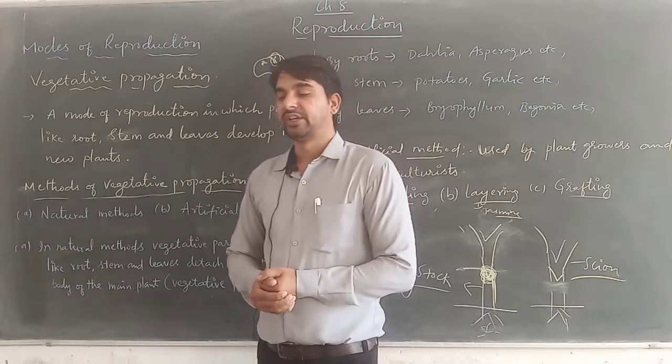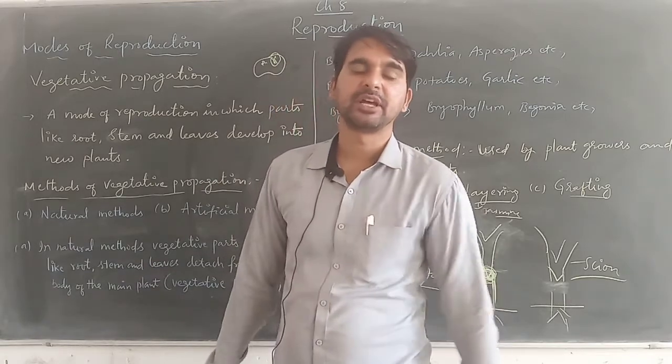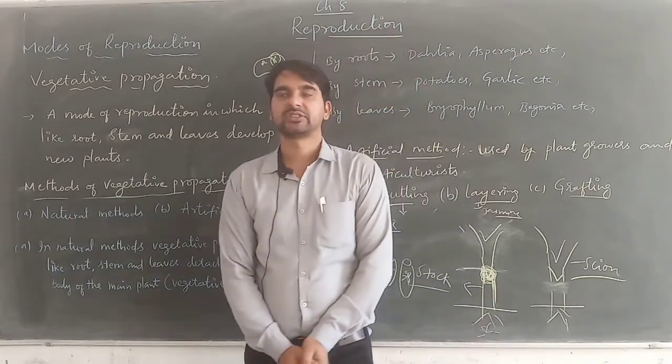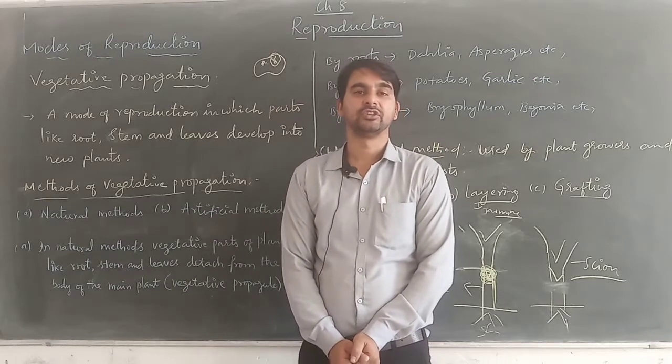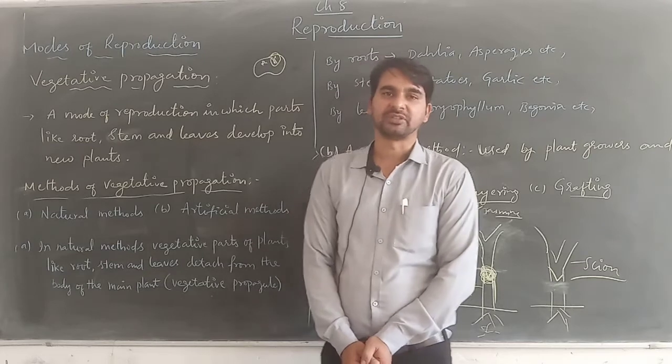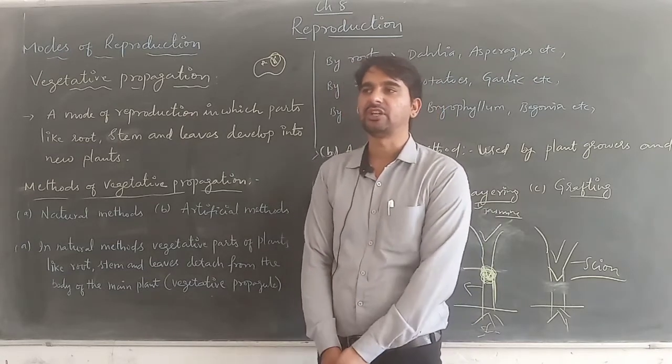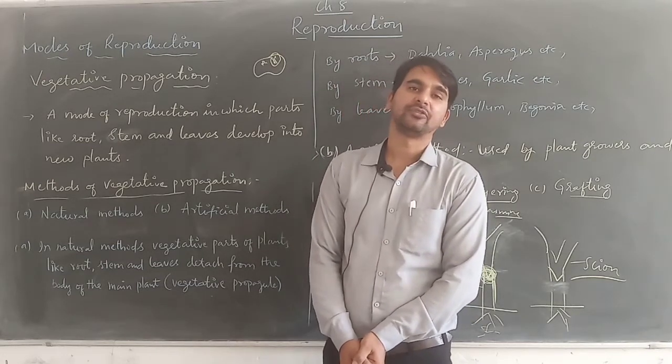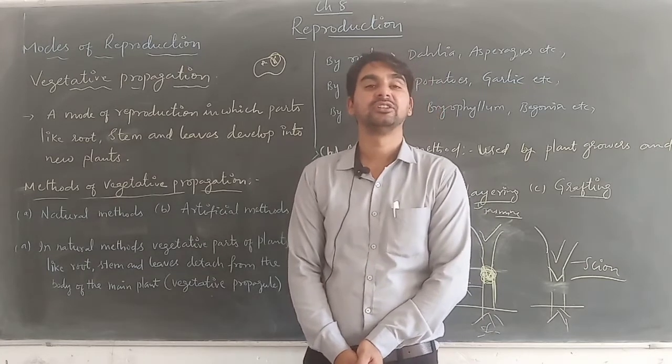Next is spore formation. This we notice in lower simple multicellular organisms like Rhizopus, one of the fungi. Rhizopus develops new individuals by the formation of spores or seed-like structures.